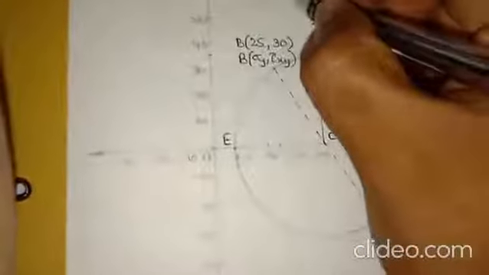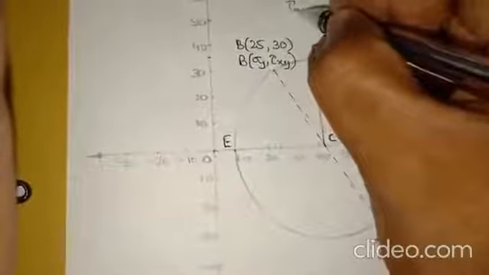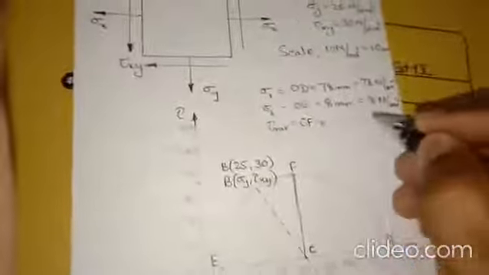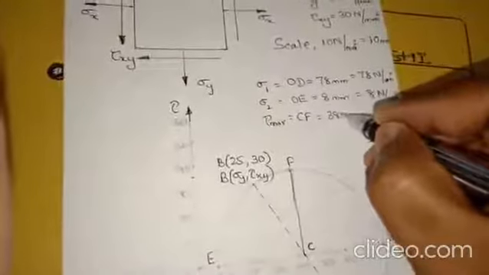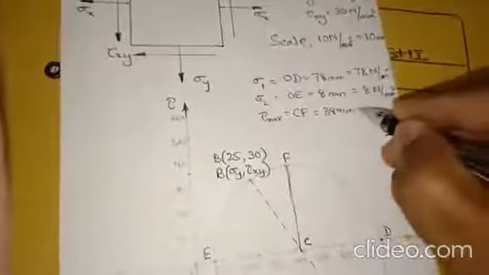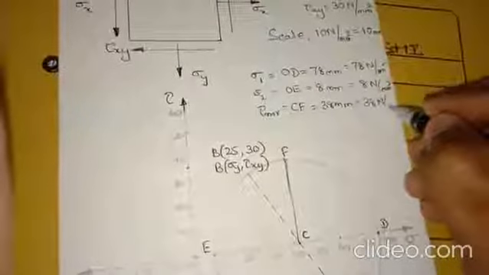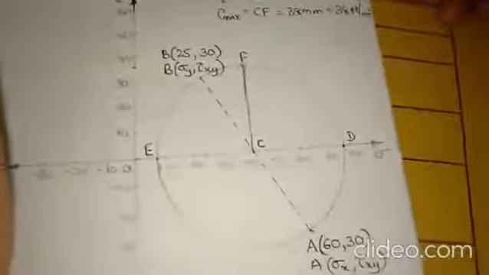You can measure here: CF, that is tau max, is equal to CF, which is about 38 mm and represents 38 Newton per mm square, because we have chosen a scale like that. This is how Mohr circle is plotted.